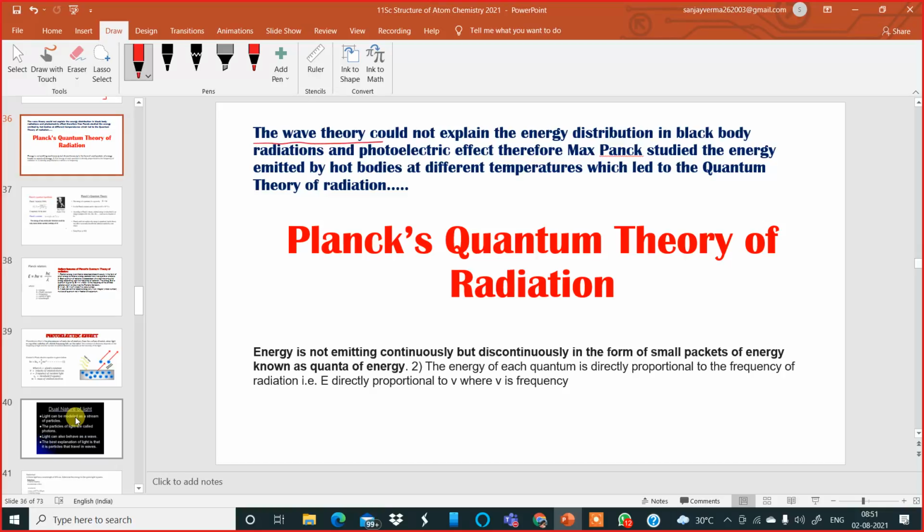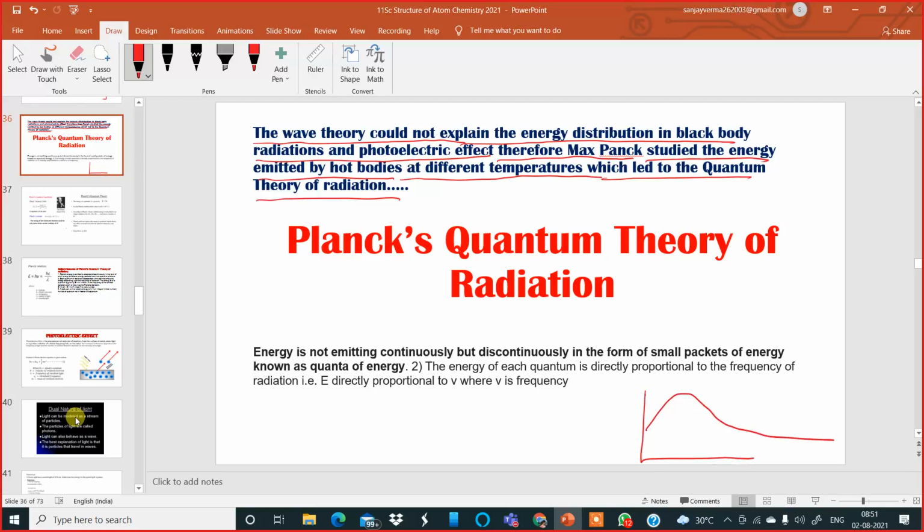The wave theory could not explain the energy distribution in black body radiation and the photoelectric effect. Therefore, Max Planck studied the energy emitted by hot bodies at different temperatures, which led to the quantum theory of radiation.